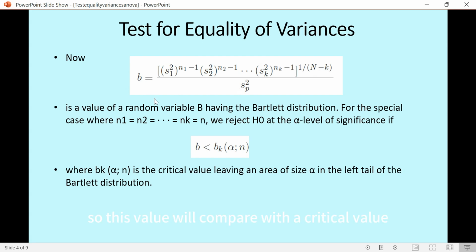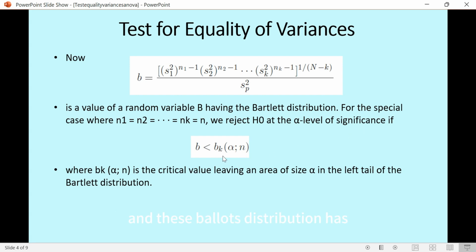This value will be compared with a critical value from Bartlett's distribution. If this value from the sample is less than the Bartlett's distribution critical value, then we reject H0 at the alpha level of significance.